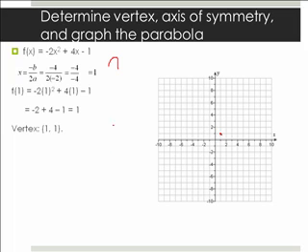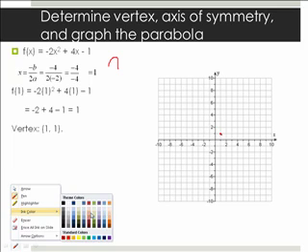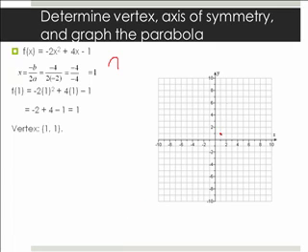The axis of symmetry is the imaginary vertical line that goes through the vertex. Let me just change this to a lighter color. And to show the imaginary vertical line, you would use a broken line.